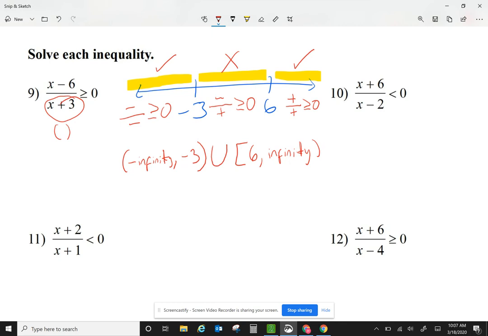So with the -3, I put a parentheses. Now the number that makes the top equal to 0 either has a parentheses or a bracket. That will depend on the inequality sign. If the inequality sign has the or equal to part, the number has a bracket. If it doesn't have the or equal to part, it has a parentheses.